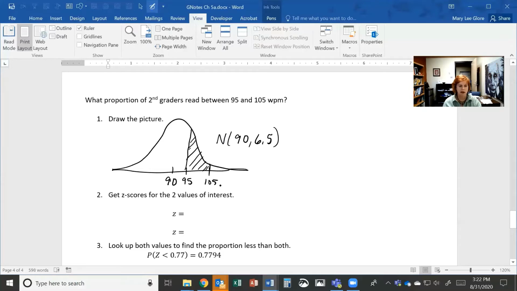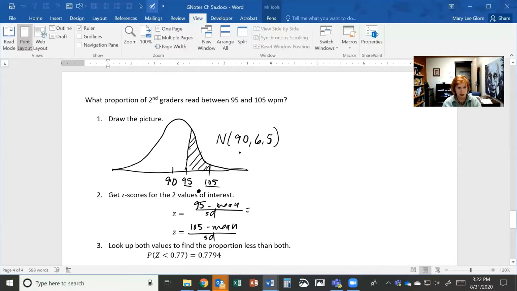All right, so when I have a between problem, I have to get a z-score for both endpoints of my interval. So I've got to get a z-score for this one, a z-score for that one. So I'm going to have 95 minus the mean over the standard deviation, and 105 minus the mean over the standard deviation.